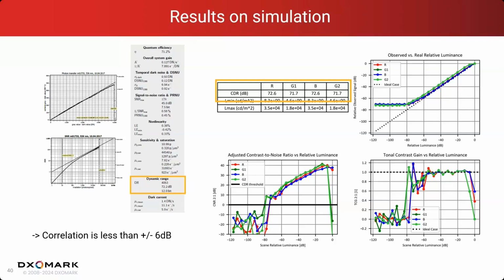And so the correlation is very good and is within the error of the measurements, which is the step between the different patches. And in this case, it's about 3 dB. Okay.